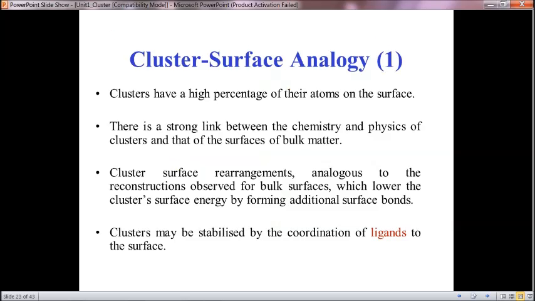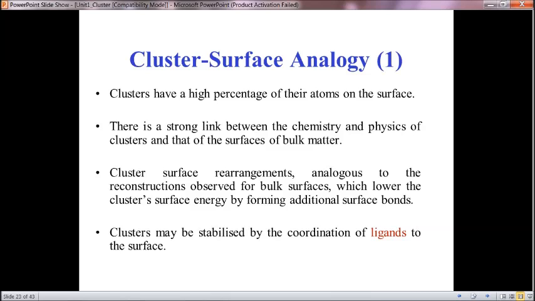Then cluster surface analogy. There are so many analogies between cluster surfaces, because as it is not a constant one with the nanoparticles, we have to predict everything in a clear manner. So the clusters have a high percentage of their atoms on the surface, because clusters are bounded nanoparticles.